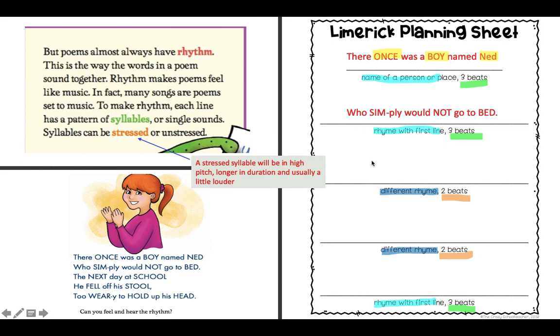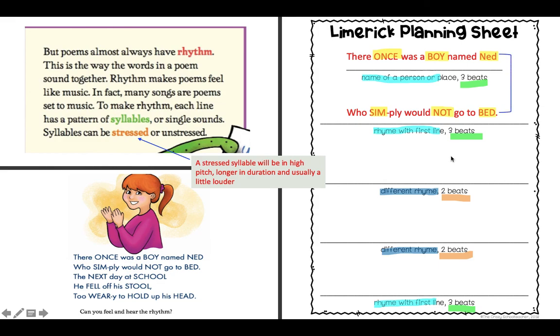Then in the second line it reads, who simply would not go to bed. Sim is a stressed syllable, not is another stressed syllable, and bed is the third stressed syllable. So if you can see 1, 2, 3, that means I have 3 beats. Your stressed syllable is your beat. So, there once was a boy named Ned who simply would not go to bed. Do you see how once, boy, and Ned are said a little bit louder?